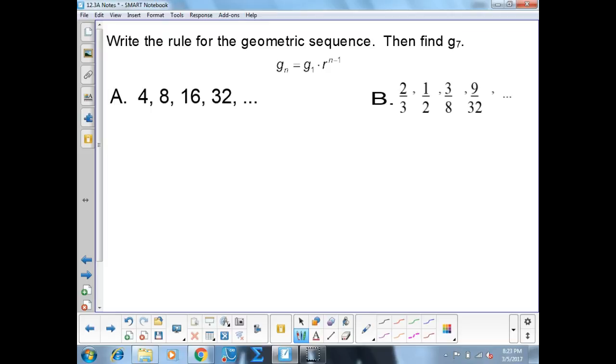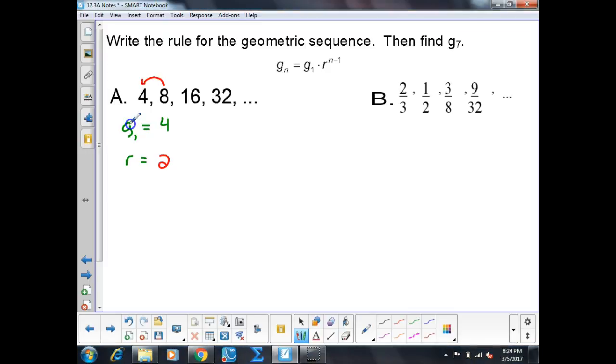So what I need from that to write the rule is I need my first term and my r value. In this case, my first term is 4, and my r value is going to be 2, because I take any term, 8 divided by 4 is 2.